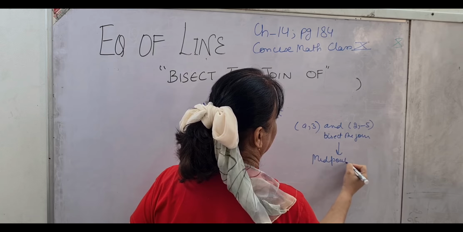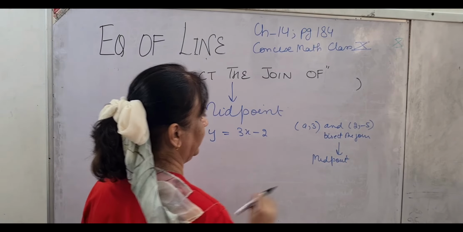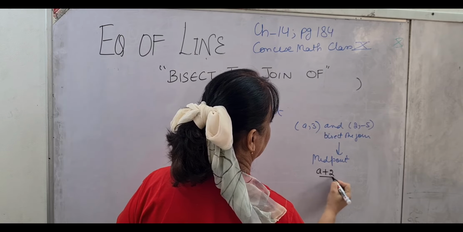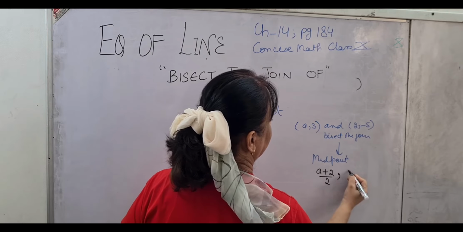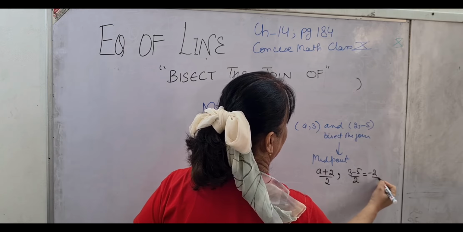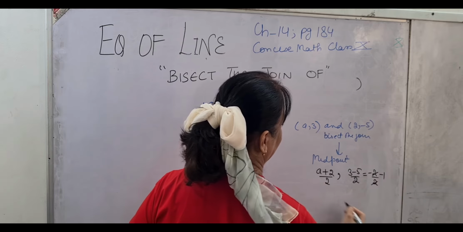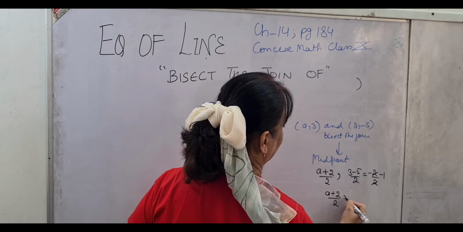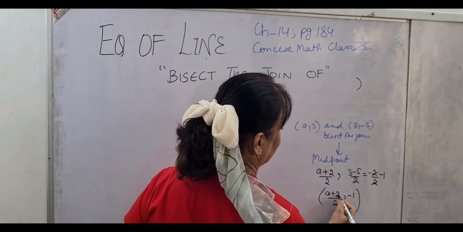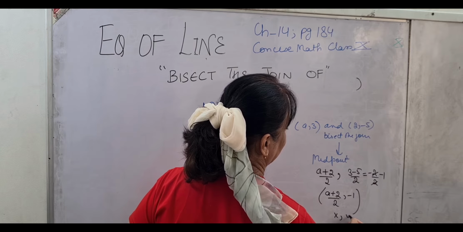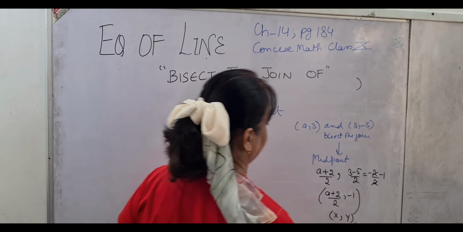Now, what do you mean by midpoint? That is a plus 2 upon 2, comma 3 minus 5 upon 2, which is equal to a plus 2 upon 2 and minus 1. The a plus 2 upon 2 will remain as it is because we have a variable. So now you have a plus 2 upon 2 as the abscissa, the x coordinate, and minus 1 as the ordinate, the y coordinate.